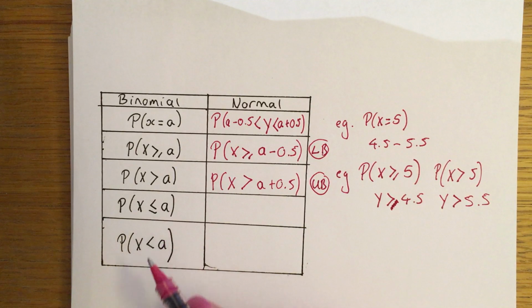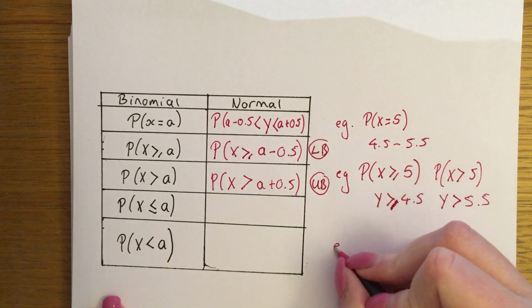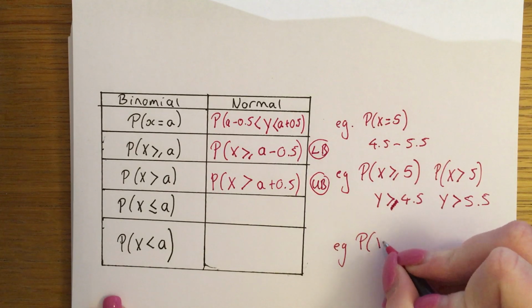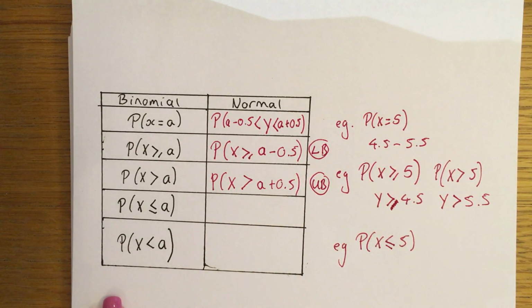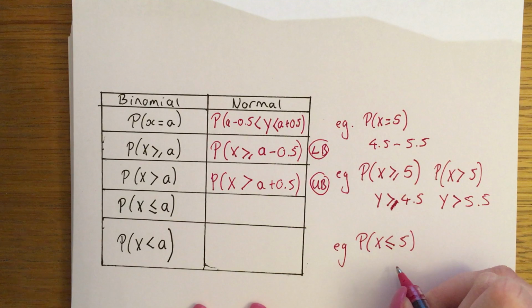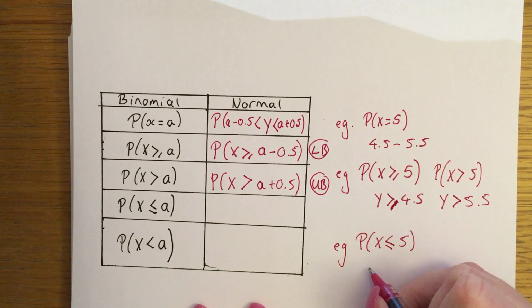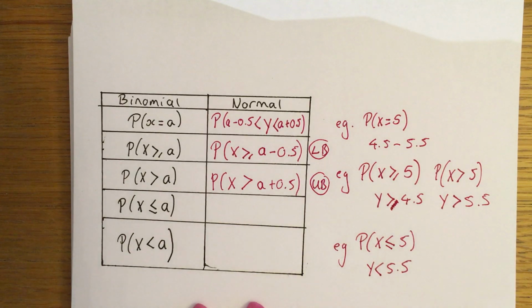Now let's look at the less than. So the probability that x is less than or equal to a. So e.g. I want the probability that x is less than or equal to 5. Well, that means I want it to be less than anything that could round to 5, because I'm including anything which rounds to 5.